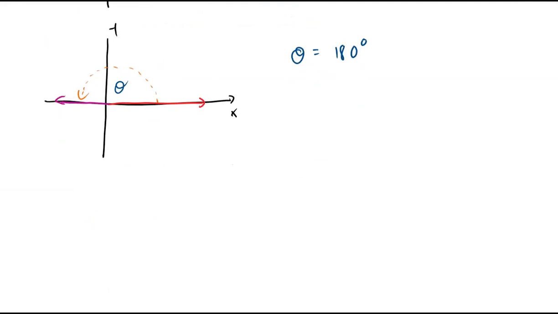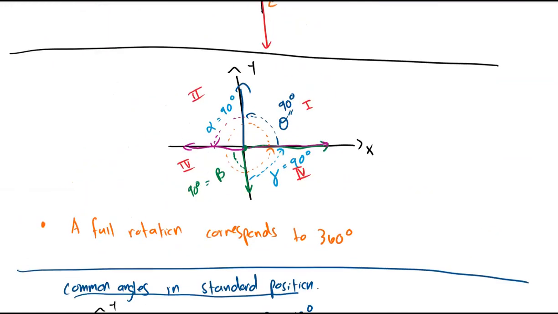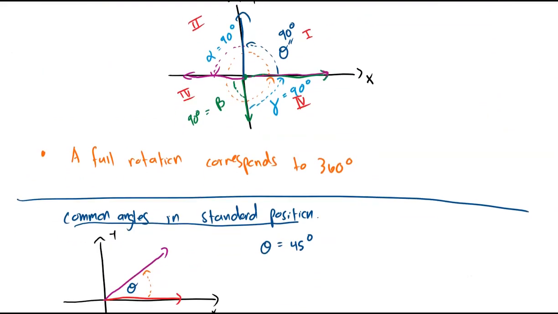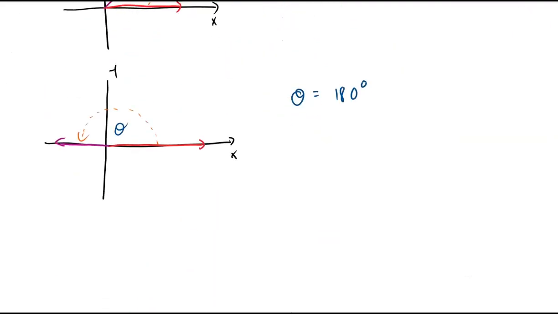Another one: let's say I want to go 90 degrees three times. So I want my initial side on the positive x-axis and my terminal side on the negative y-axis. If you look at our picture again, that corresponds to theta equals 90 degrees, then alpha equals 90 degrees, then beta equals 90 degrees. Add all of those up: 90 plus 90 is 180, so 270 degrees.